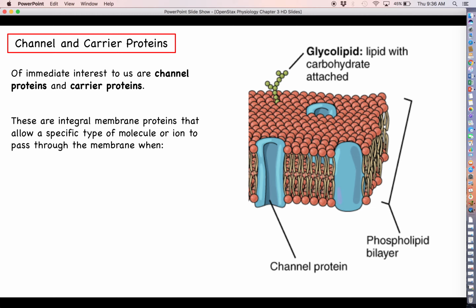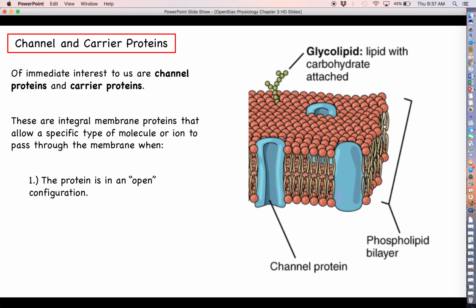Both of them are going to be integral membrane proteins, and essentially what they do is permit a very specific type of molecule or ion to pass through the membrane under a certain set of conditions. Number one, that carrier or channel has to be in an open configuration.